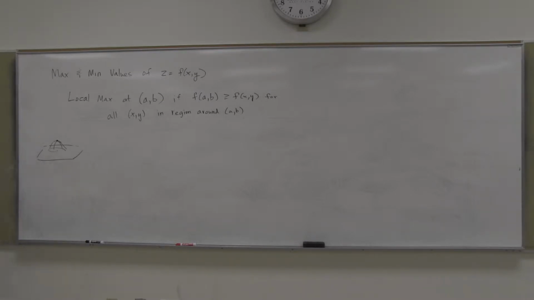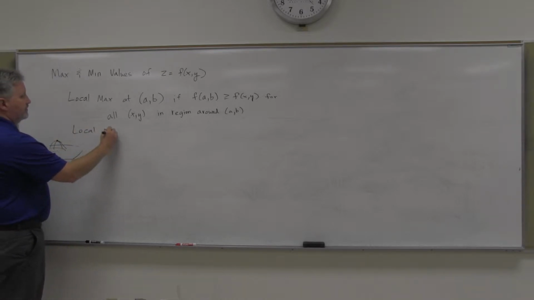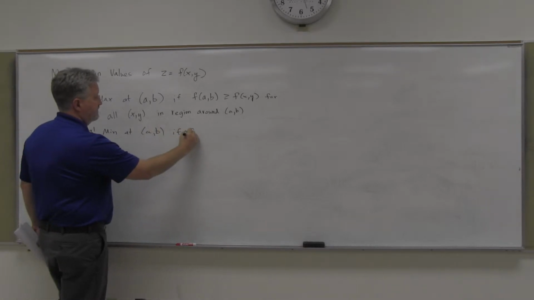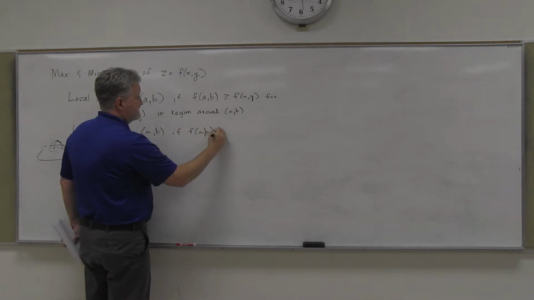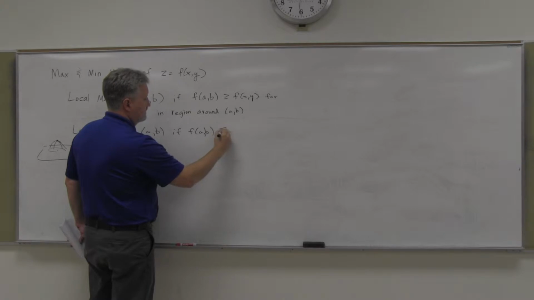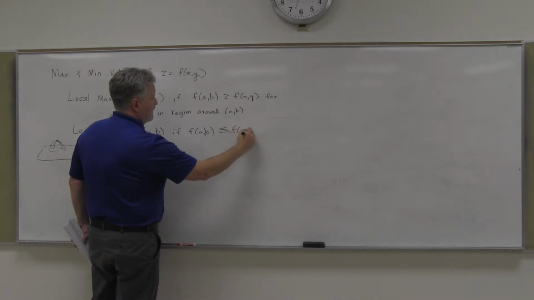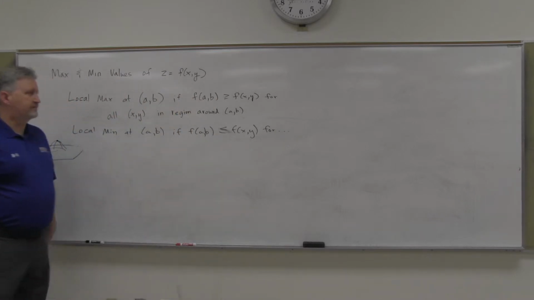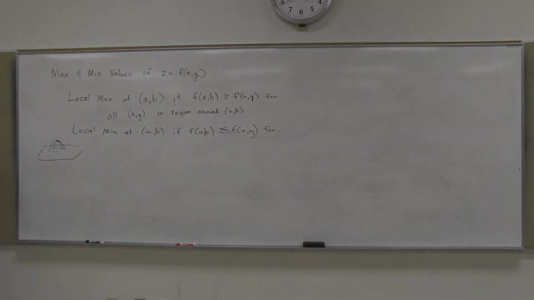Makes sense, all right? And then the local min goes the other way. If f of a, b is less than or equal to f of x, y for all x, y in a region around a, b.